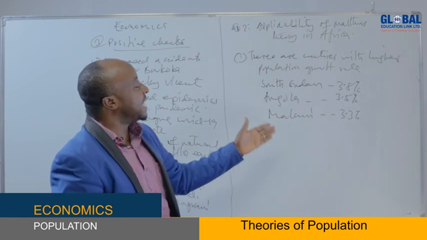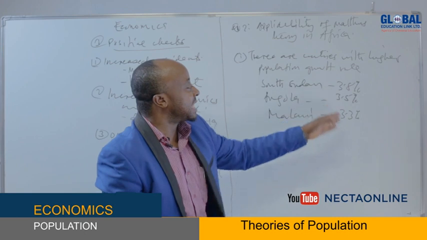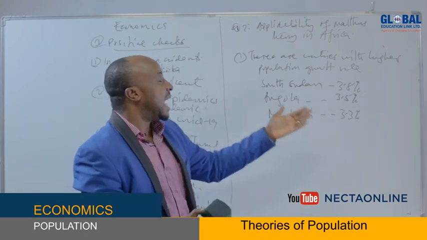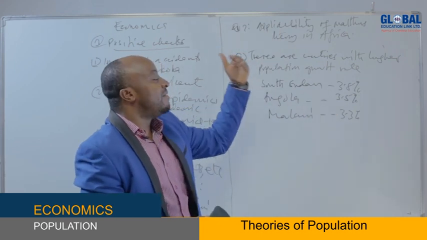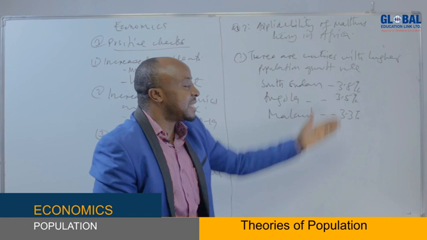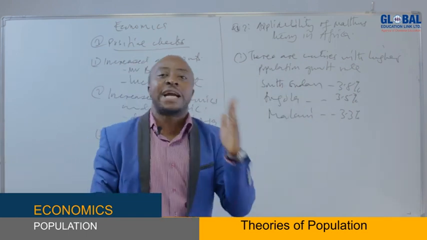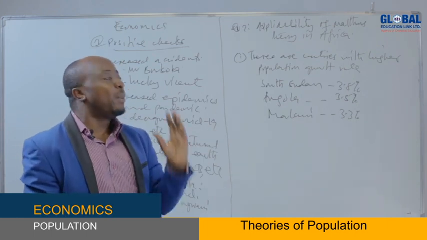This is an indicator that there is high population growth rate in Africa. So it means population is increasing rapidly in some of the areas. If you check the population of these countries, some of them are not very big, but what we measure is the rate at which this population is increasing. So maybe after a certain number of years, the population will be very big in those areas. To conclude, for most of the African countries, the population growth rate is above 2.5%.